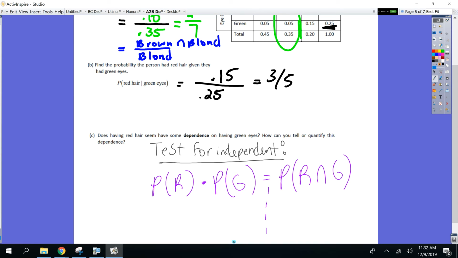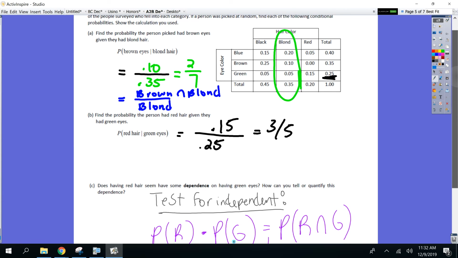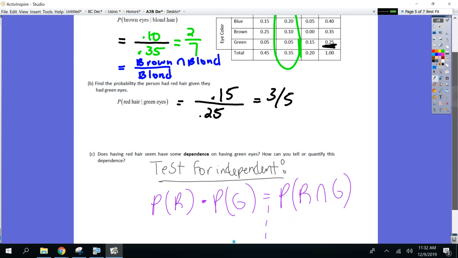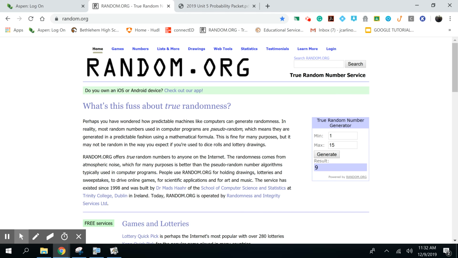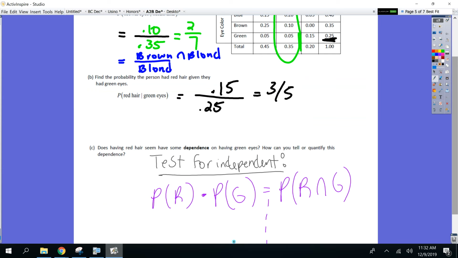Okay, so off your table, what's the probability of red hair? Remember, just red hair. This is just straight up red hair. Yep, the whole thing. 0.20. So does 0.20 times green eyes now?